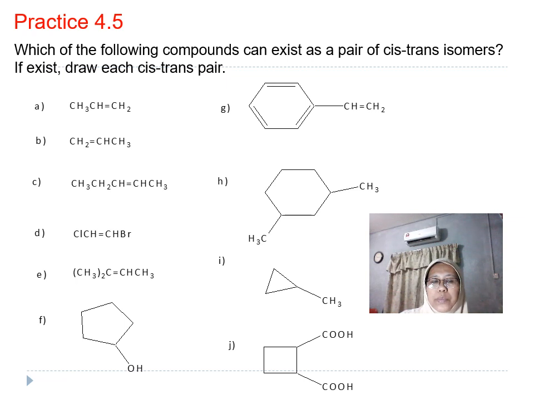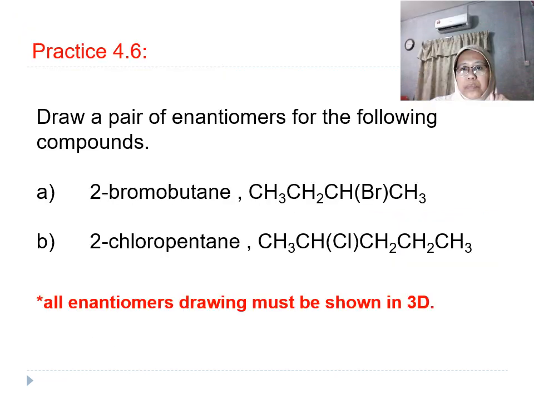So you need to be able to find the two requirements for cis-trans to exist: having restricted carbons, whether it is a double bond or a single bond in a cyclic compound, and also each of the restricted carbons must have a different group attached. That's a requirement. And for practice 4.6, you need to draw the pair of enantiomers for 2-bromobutane and 2-chloropentane. I believe this should be done easily.